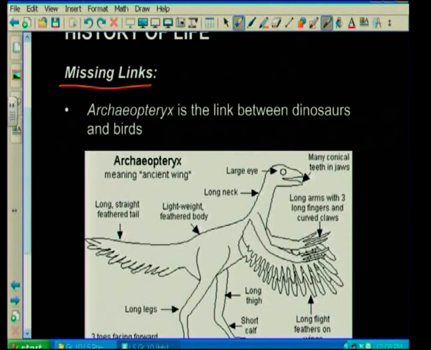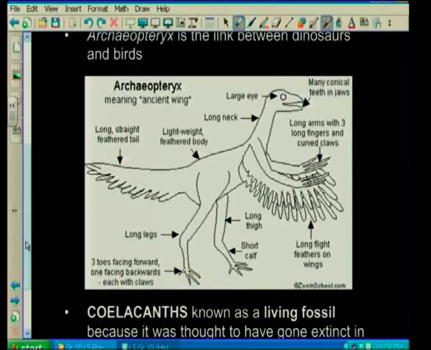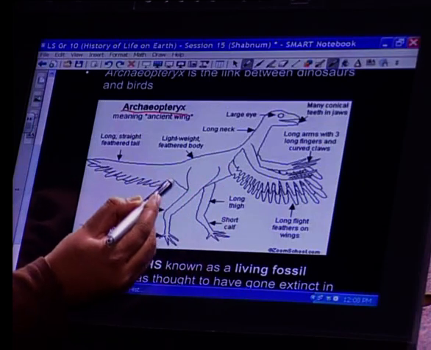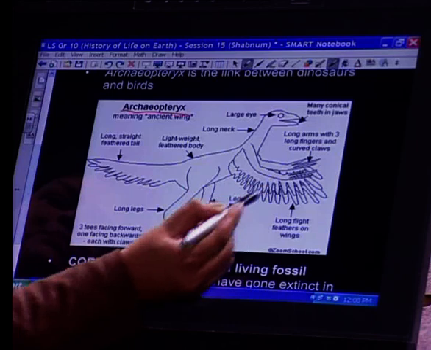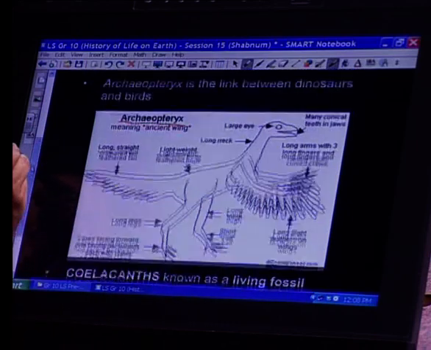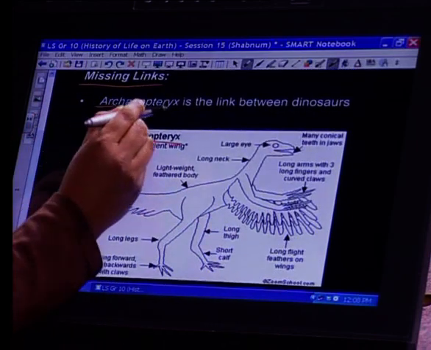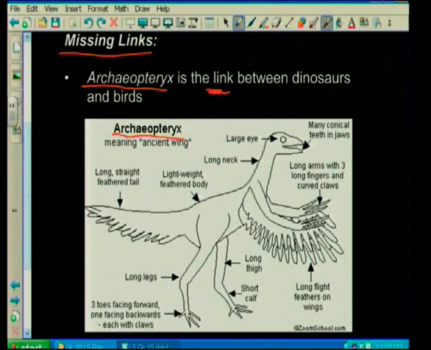There are missing links. This is an example of an Archaeopteryx, and this Archaeopteryx is an animal or a reptile that is more bird-like and reptile-like. So it has reptile and bird-like features, and therefore they say that the Archaeopteryx is a link between the dinosaurs and the birds.